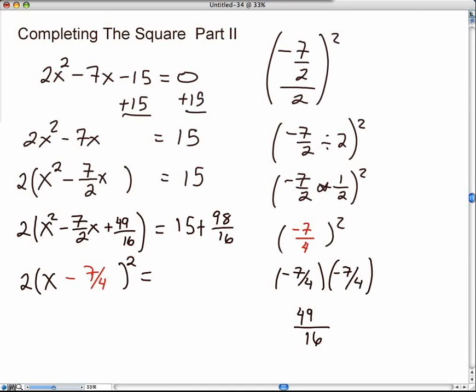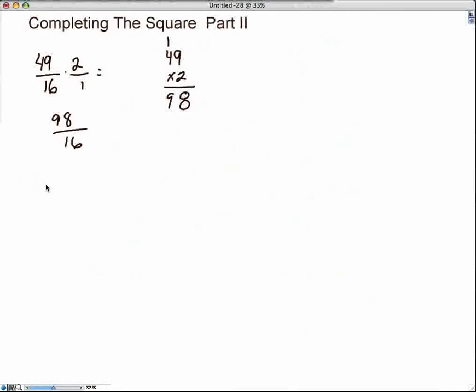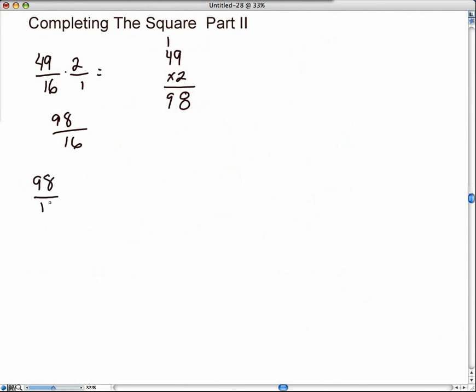It's just popping it in. And 15 plus 98 over 16. Okay, well, let's go back to this. So that's 98 over 16 plus 15. Well, I'm going to put a 1. If you have a calculator, it's going to be much easier, but we're going to try to do this on our paper here.